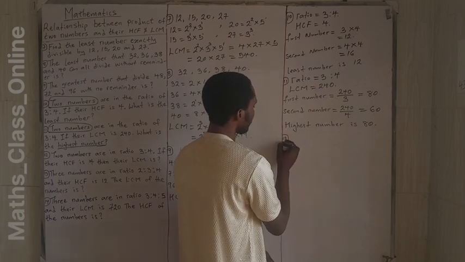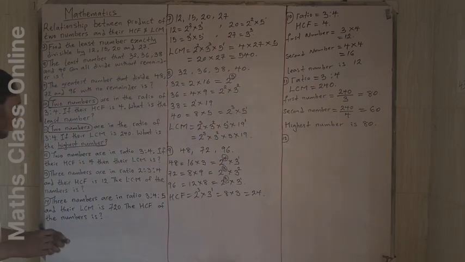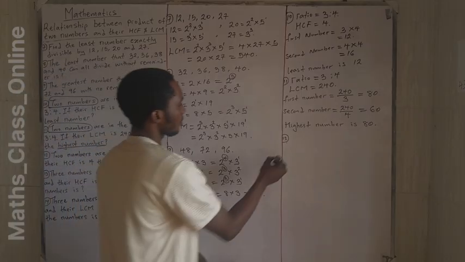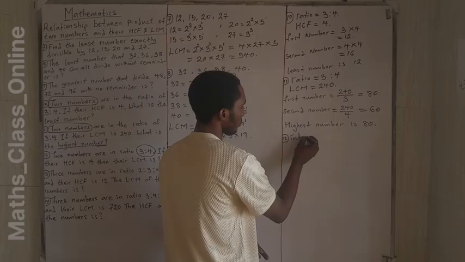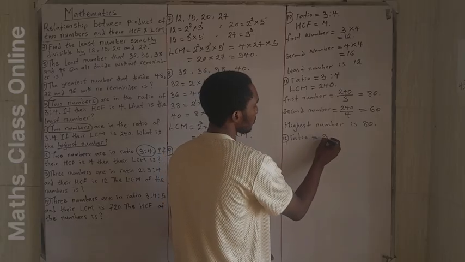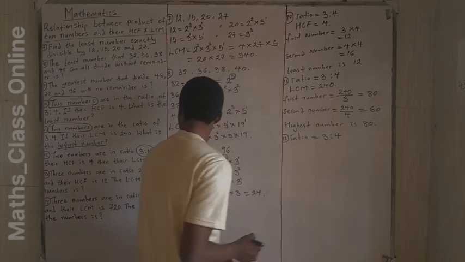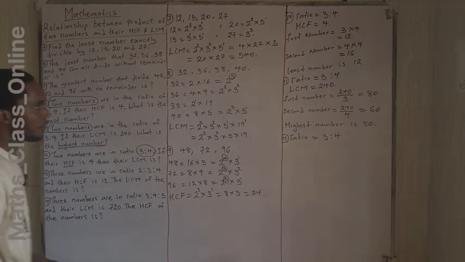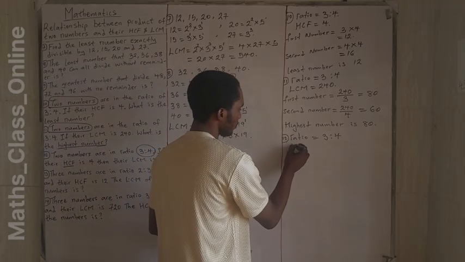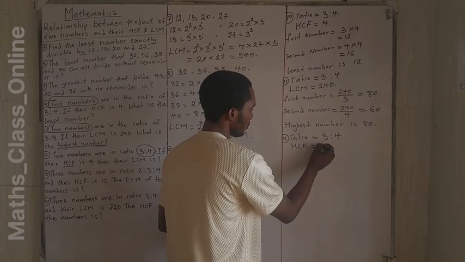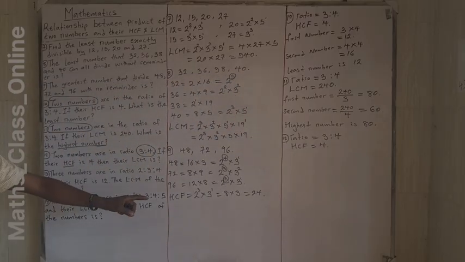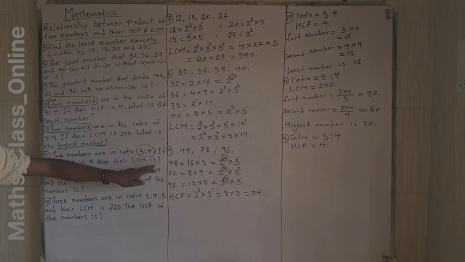Number 12. Two numbers are in the ratio 3 and 4. If their HCF is 4, then their LCM is what?